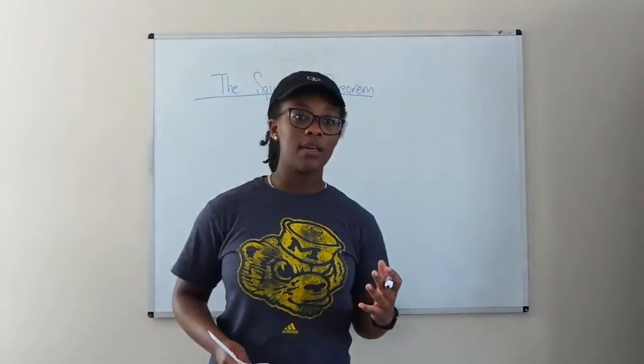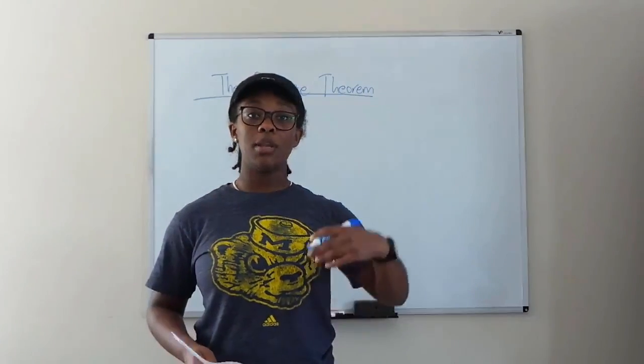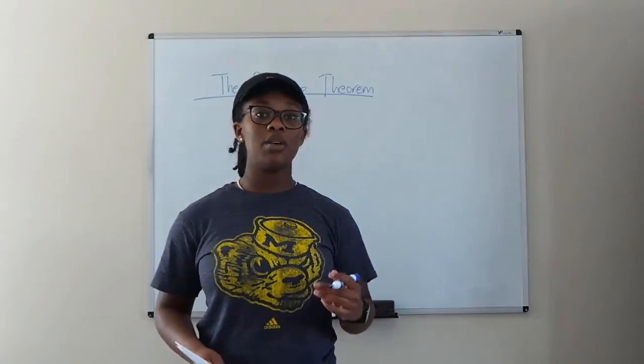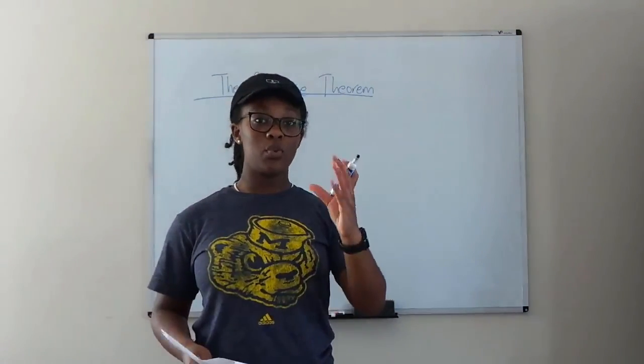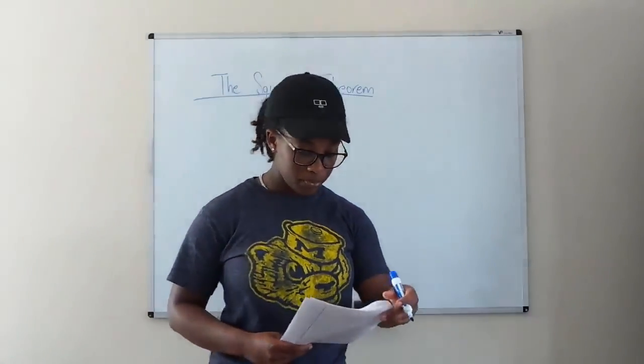So if we have a limit that we don't exactly know the value of, but we know that a limit above it and a limit below it converge to a single value, that means that we can squeeze the limit that we don't know in between the ones that we do know.